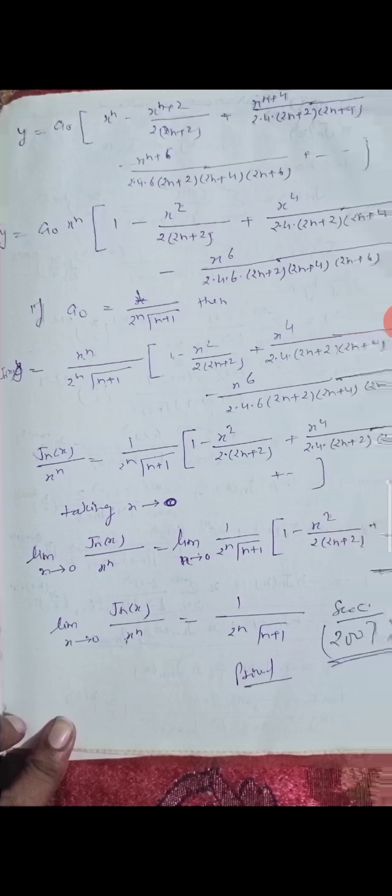Now taking the limit as x tends to 0, this gives limit x tends to 0 of Jn(x) upon x to the power n is equal to limit x tends to 0 of 1 upon 2 to the power n gamma n plus 1 in bracket 1 minus x square upon 2 into (2n plus 2) plus x to the power 4 upon 2·4 (2n plus 2)(2n plus 4) and so on. So we can write limit x tends to 0 of Jn(x) upon x to the power n is equal to 1 upon 2 to the power n gamma n plus 1, as proved.